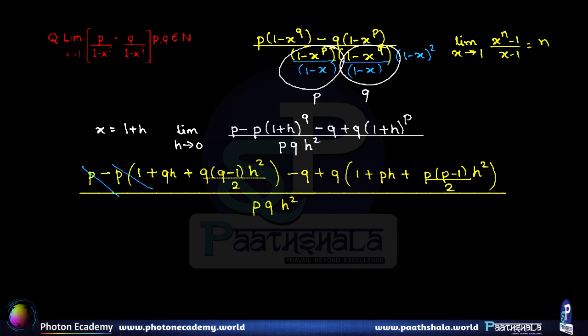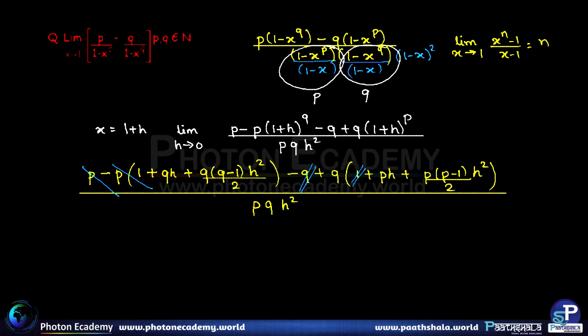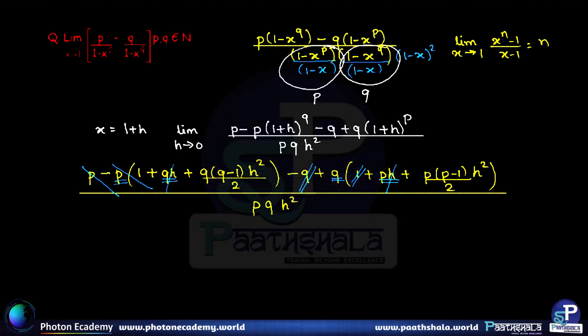Okay, so now let's start the cancellation. So this will cancel out with this, then there's a minus pqh, so that will cancel out with plus pqh. Then, okay, h square is left, h square will cancel out with h square, pq will cancel out with pq.